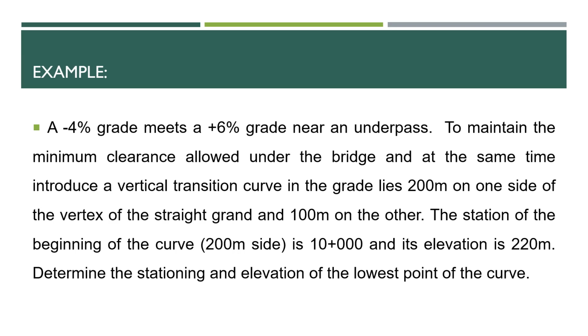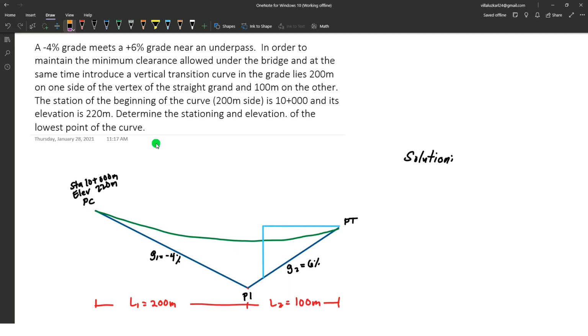So let's solve this. Here's the figure. We have G1 negative 4% meets a positive 6% grade at an underpass. So we have L1 of 200 meters on the left side because the station of the beginning of the curve is 200 meters side, and we have L2 of 100 meters on the right side.